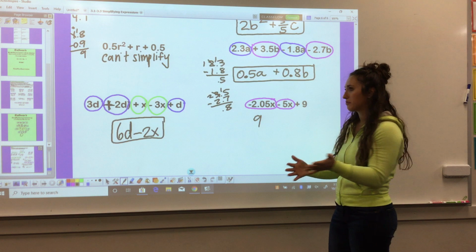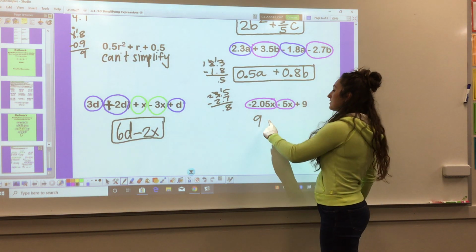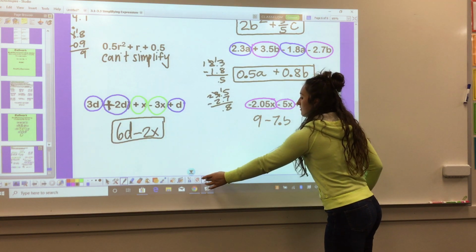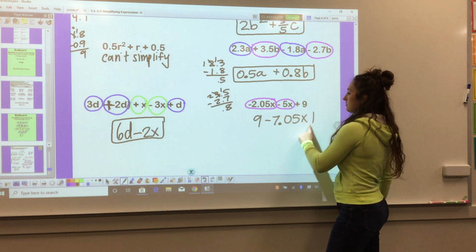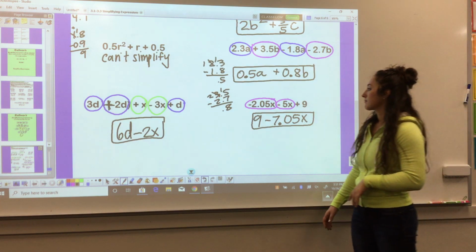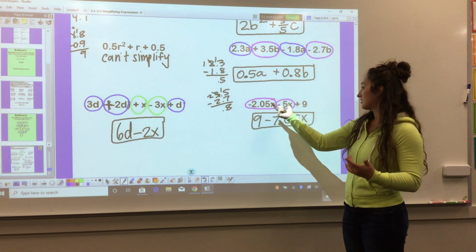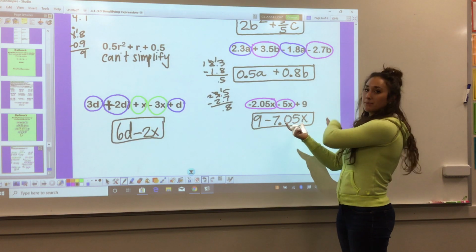You can show work if you need to, but that should be one you can do in your head. And keep the sign, so it's negative 7.05x. Again, if I were to combine these first, I still would have gotten negative 7.05x and then plus 9 on the other side.